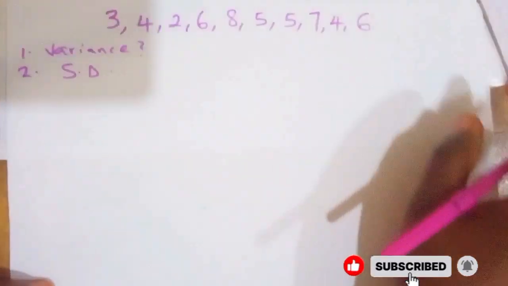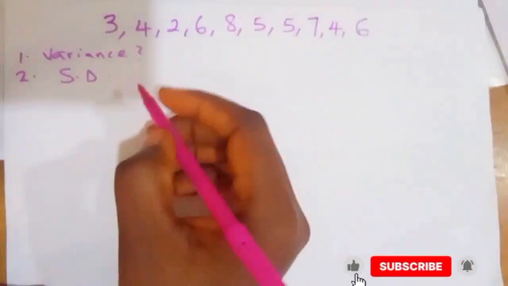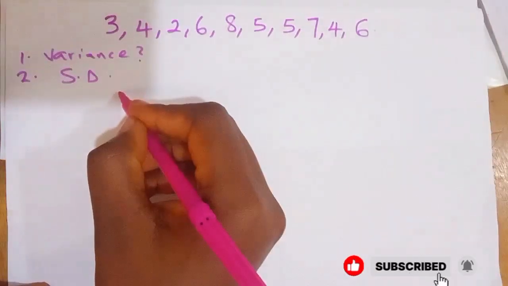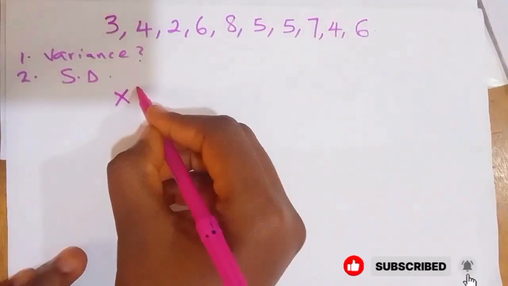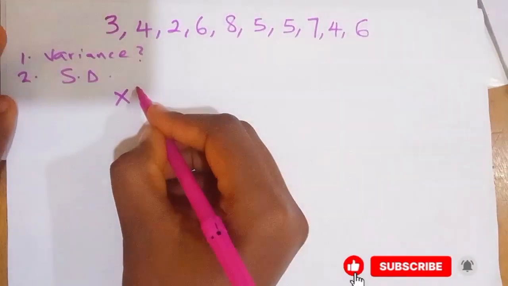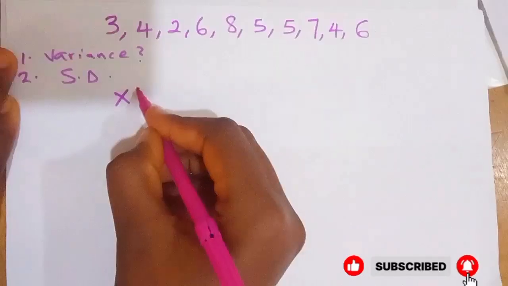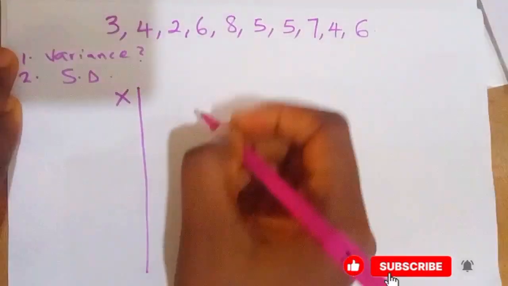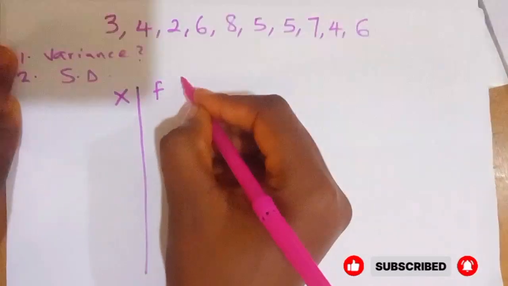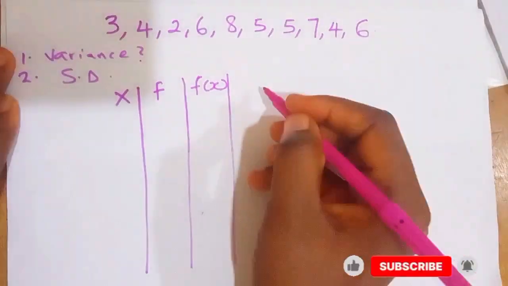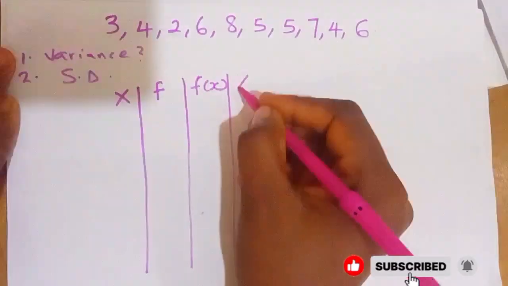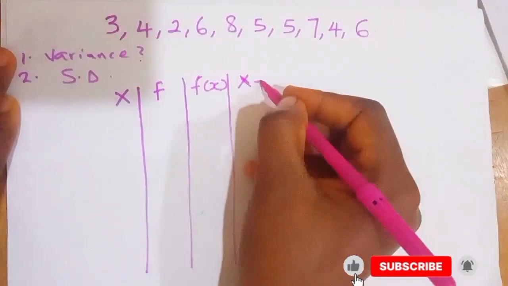So let's draw the table together. We have x. We have the frequency. We have frequency multiplied by x. Then we have the deviation from the mean, x minus the mean.